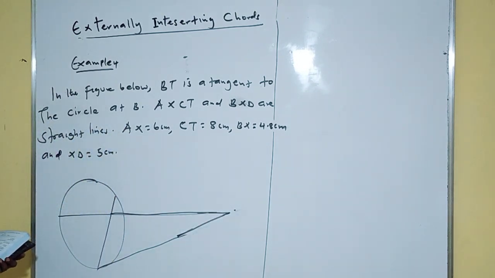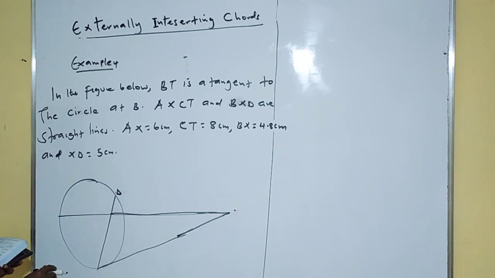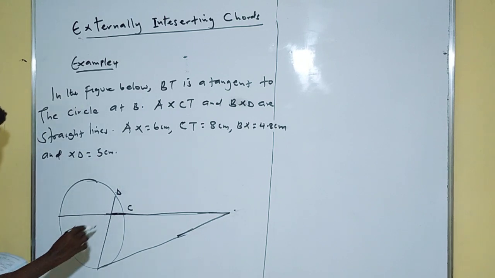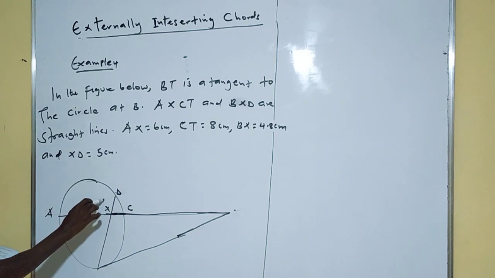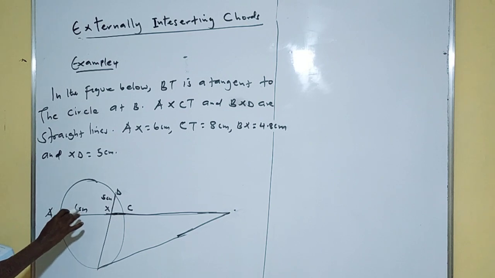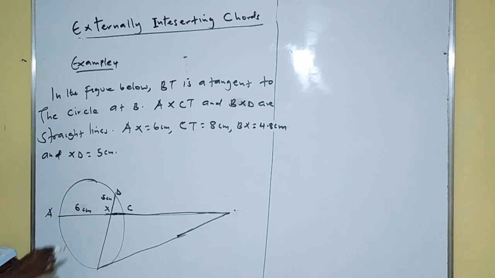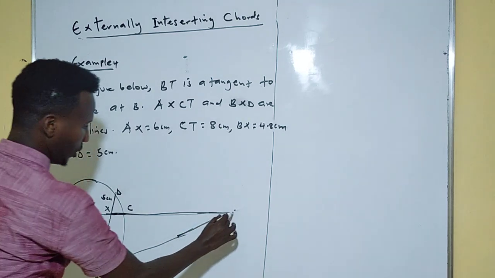This is point D. Here we have C. Then here X. This is 5 centimeter, this is 6 centimeter, this is 4.8 centimeter. This is point B, and this one T.